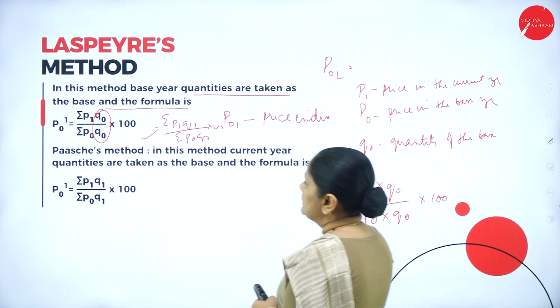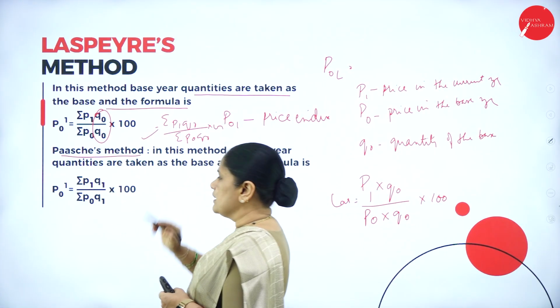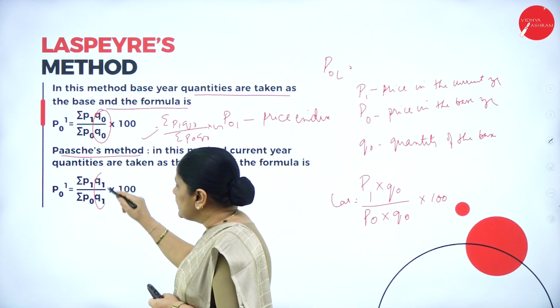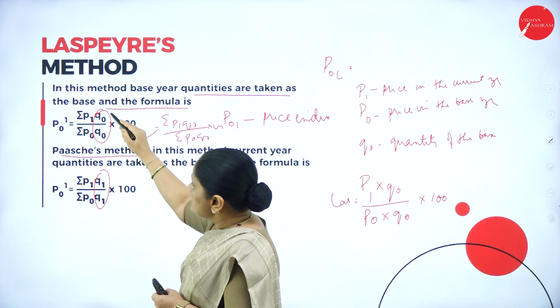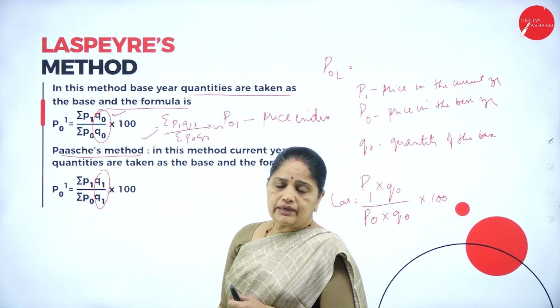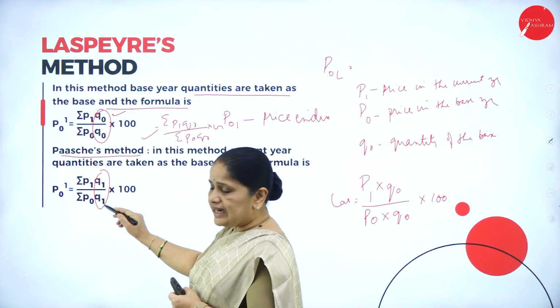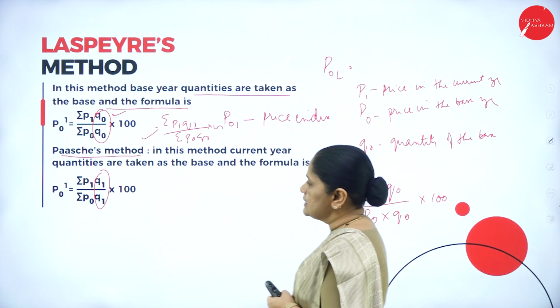Now, the next method is Paasche's method. In Paasche's method, they take the current year quantity as the base. Here you can see that in Laspeyres' method the base is the quantity of the base year, but in Paasche's method the current year's quantity is taken as the base.